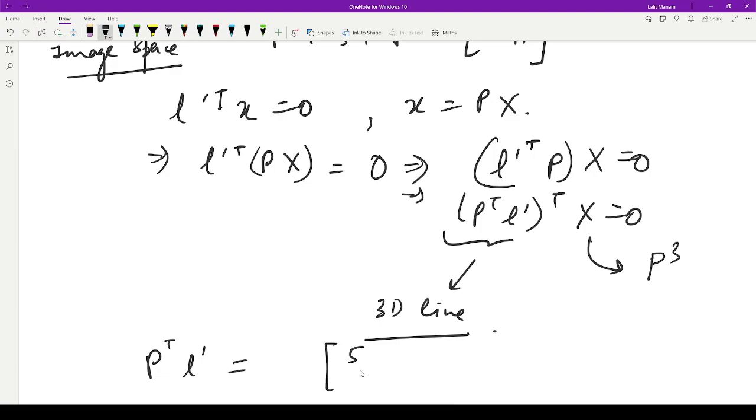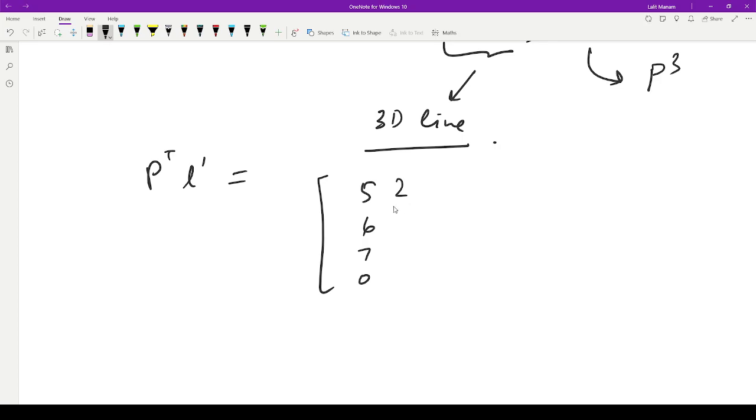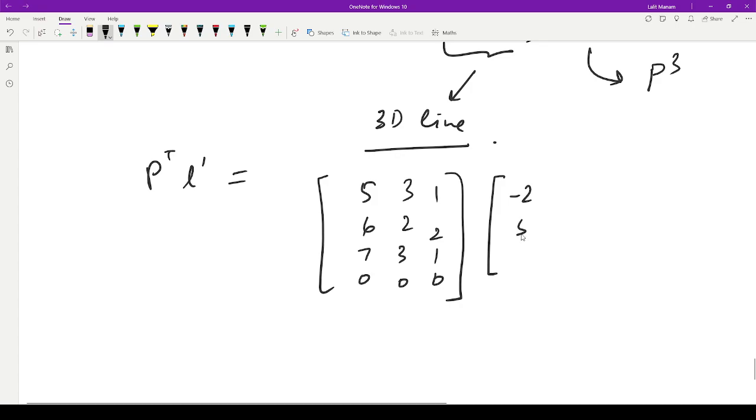So we are given P like this. Okay, we need to take a transpose here. P transpose L prime. What was our L prime? Minus 2, 5, minus 11.